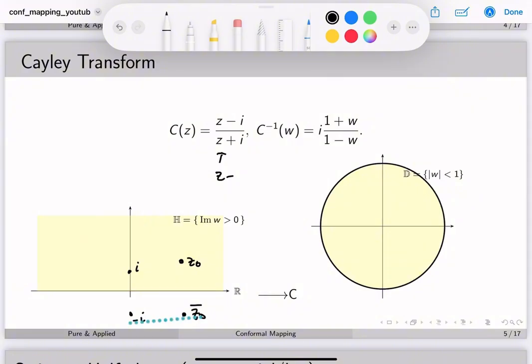Let's write it this way: (z minus z naught) over (z minus z naught bar). If you take a map like this, then you can map the upper half plane to the unit disk. So we choose i because it's just easier to work with. And this is a very famous map. It's called the Cayley Transform.